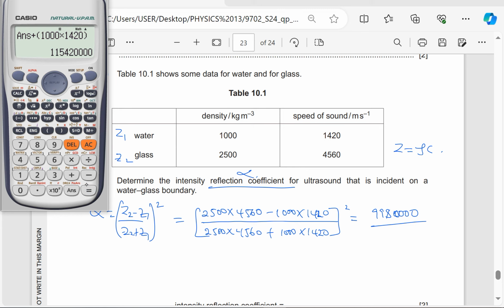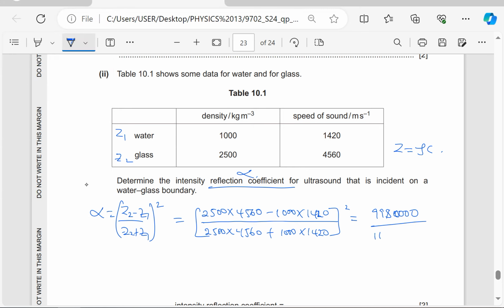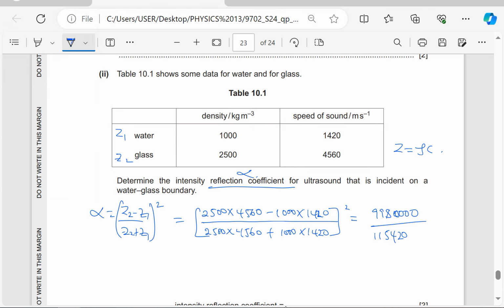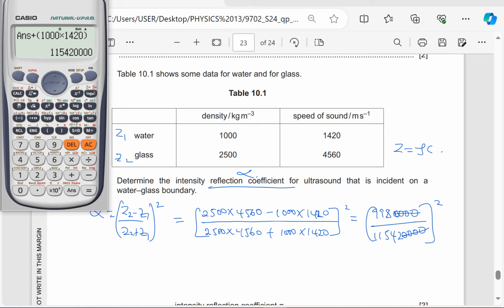So this is 11542. How many zeros? I mean 4 zeros. Remember, this is squared. So I'll just cross out these 4 zeros and I'll simply say 998 divided by 11542. So this is 0.0.